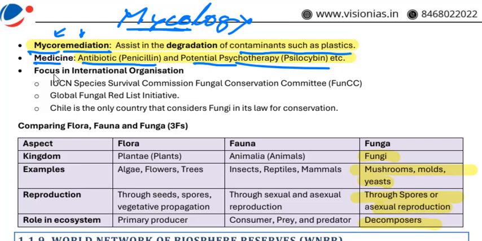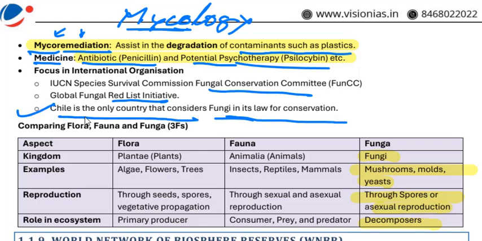Next is focus on the international organization: IUCN Species Survival Commission, Fungal Conservation Committee, Global Fungal Red List Initiative. Chile is the only country that considers fungi in its law of conservation. You should know this: Chile is the only country that considers fungi in its law of conservation.